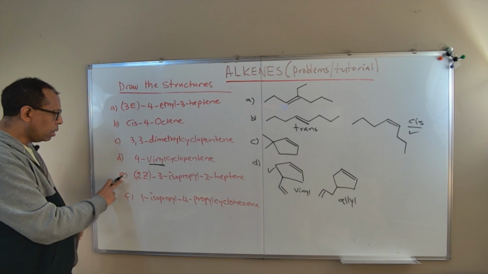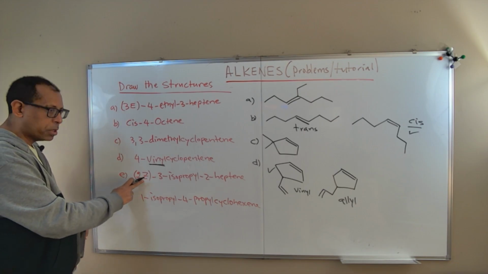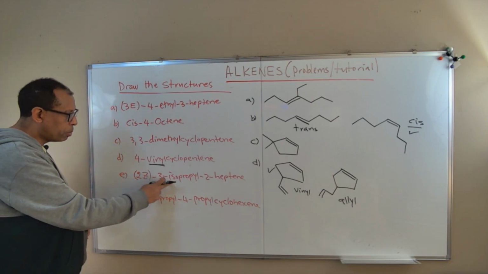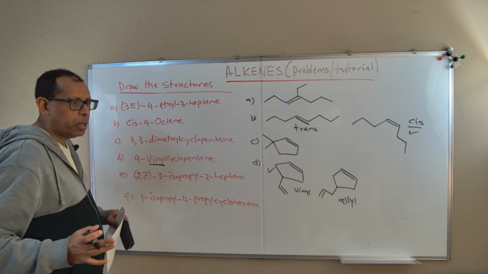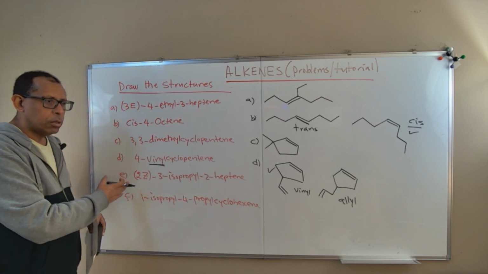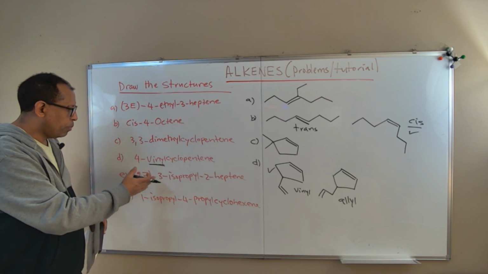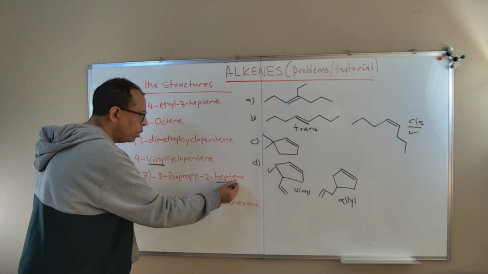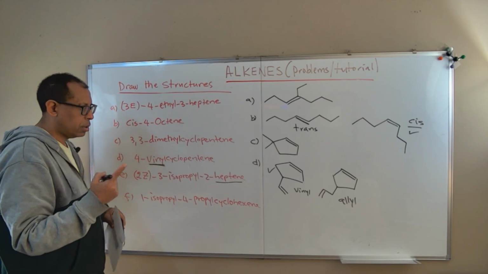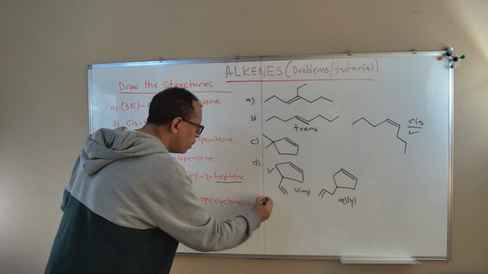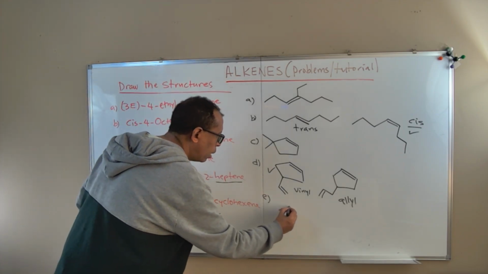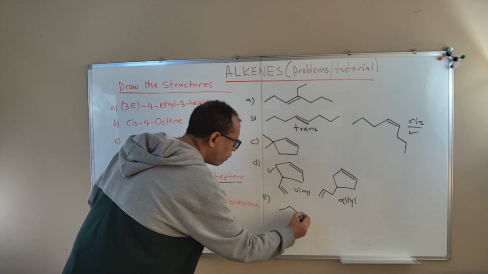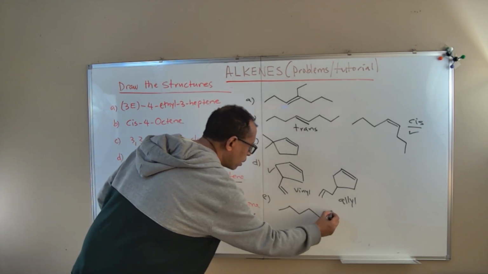Number E, it tells me that 2Z, 3-isopropyl, 2-heptene. If you are asked to draw 2Z, 3-isopropyl, 2-heptene, first you have to draw the heptene unit, which is a 7-carbon. 1, 2, 3, 4, 5, 6, 7.